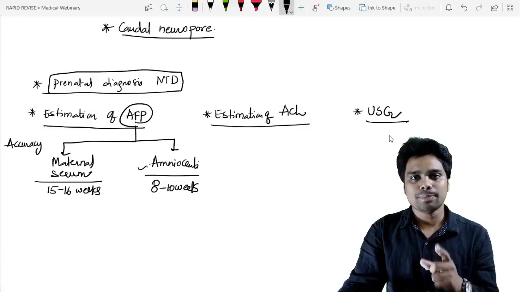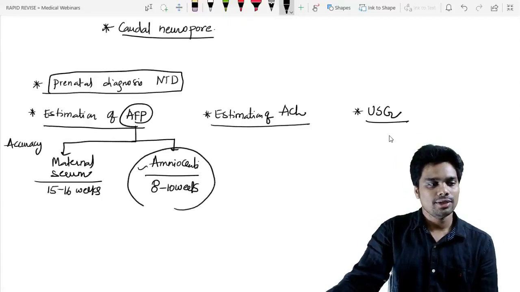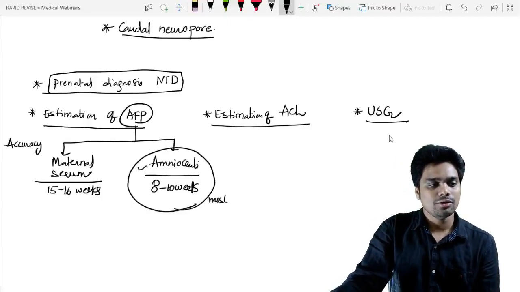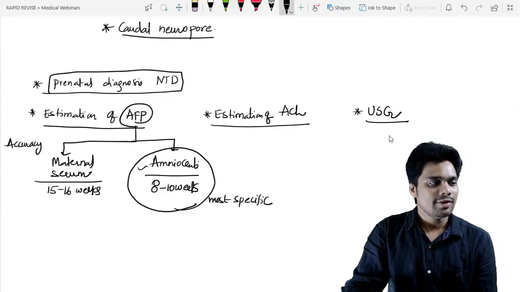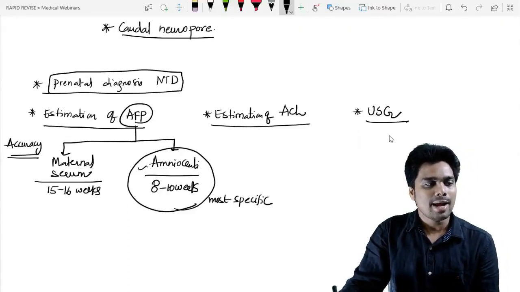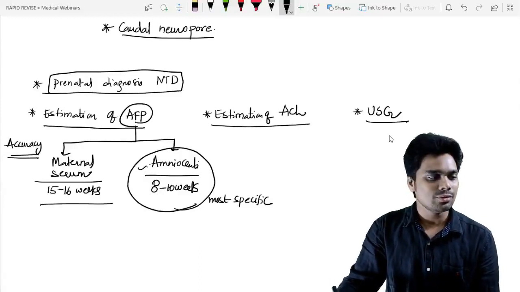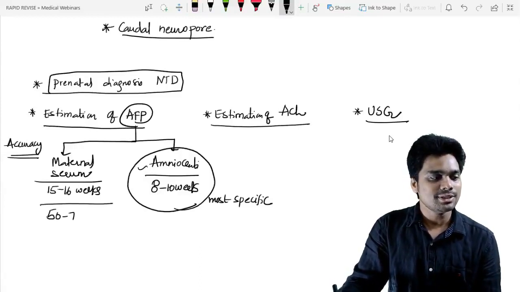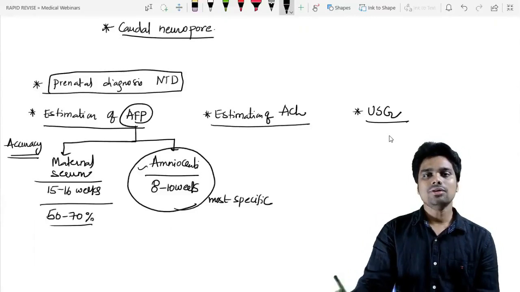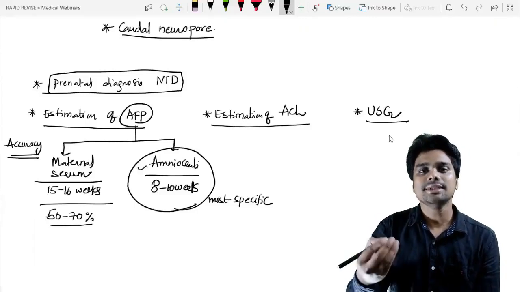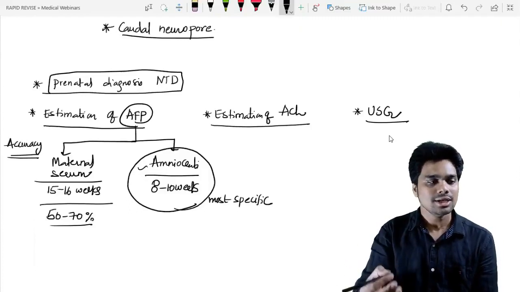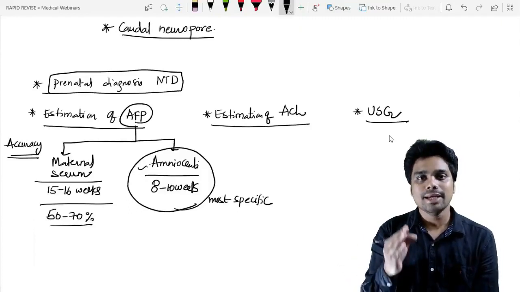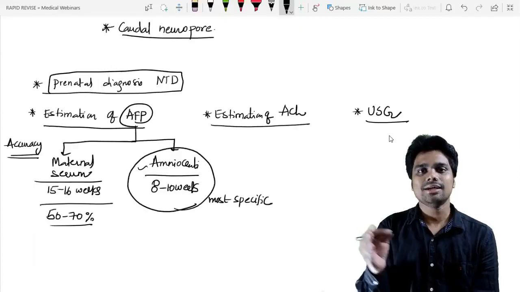The most specific is amniotic fluid. You will get specific results when you take amniotic fluid. Whereas when it comes to accuracy, the maternal serum sample estimation has only 50 to 70% accuracy. So even though the maternal serum sample is easy to take, and it is easy to estimate alpha fetoprotein levels in maternal serum, the basic problem is that the test results are not accurate.